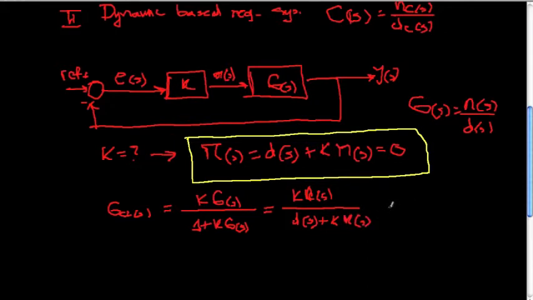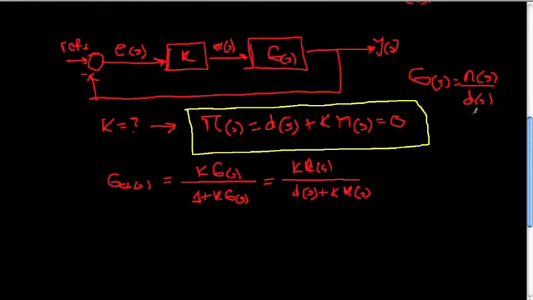In this formulation, we assume that n of s and d of s are co-prime polynomials.